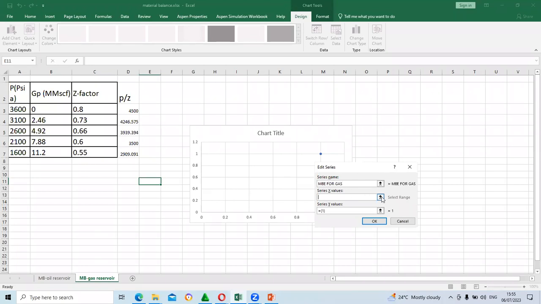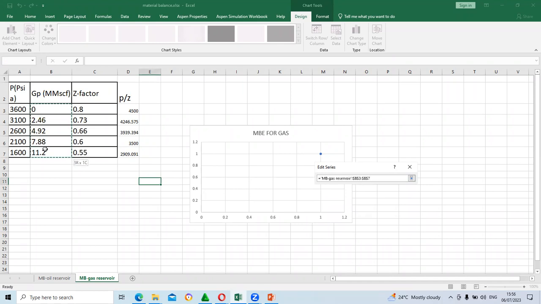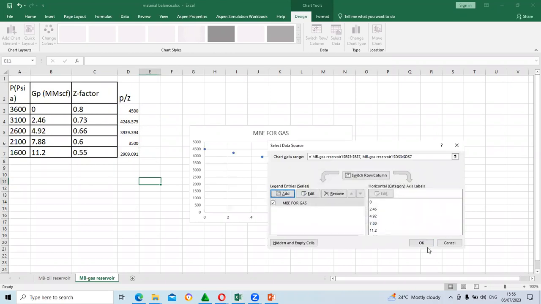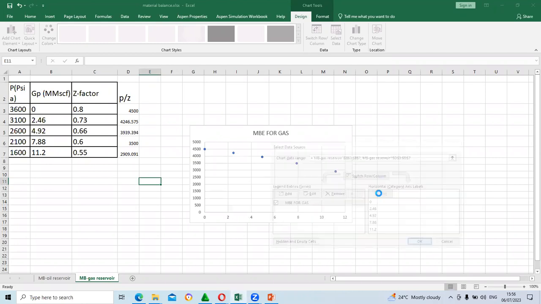Then for the x-axis, I have my GP. I'll highlight that. Then for the y-axis, I have my P over Z. I highlight that. That's okay now.